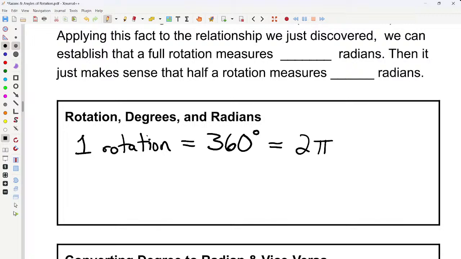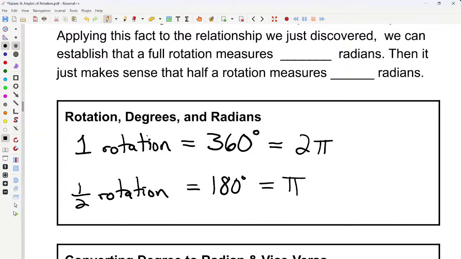Must know fact. And actually, even more important, because you have a 2 pi and you have an even 360, we're going to smack everything with a division by 2. A half a rotation is 180 degrees, is pi radians.